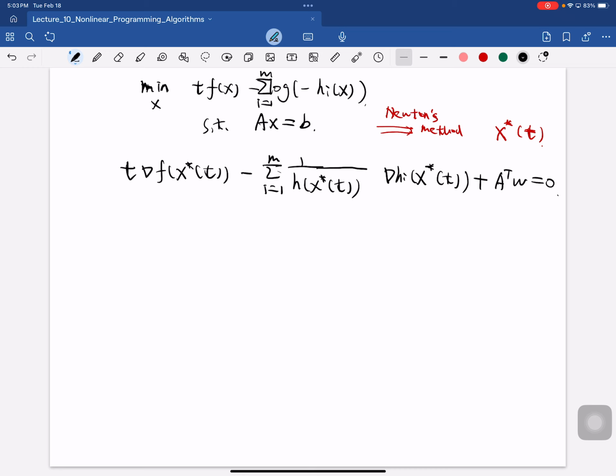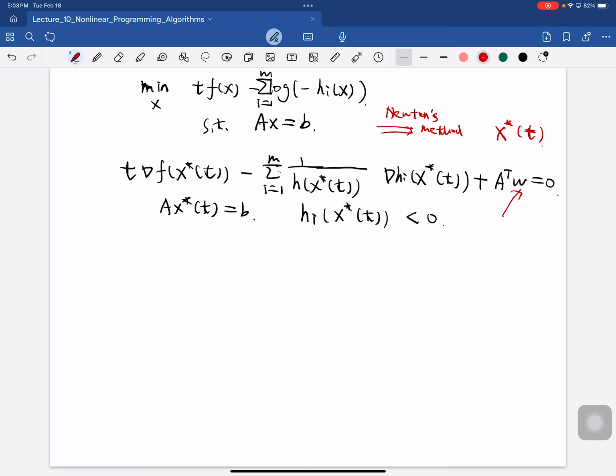Then we have primal feasibility. And in order for the log function to be defined, we must have h_i of x star t strictly less than 0. So this dual is chosen such that it satisfies the KKT condition.